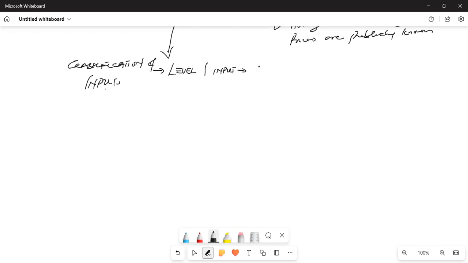Level 1 input says that we will use quoted prices for identical assets. And the identical assets should be in the active market. So we use prices for identical assets in an active market.